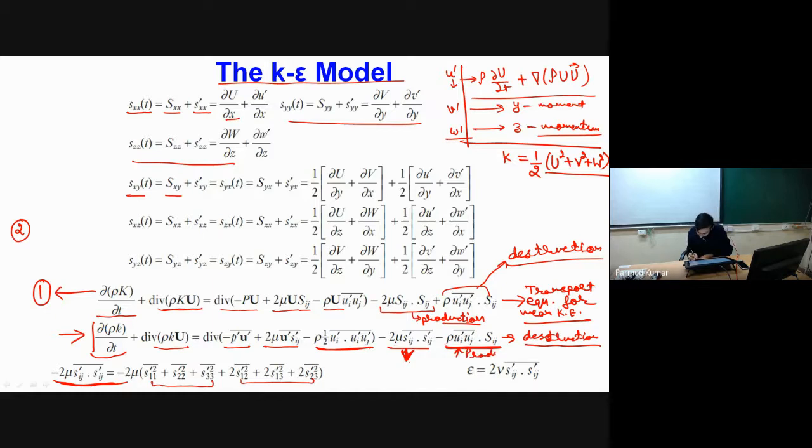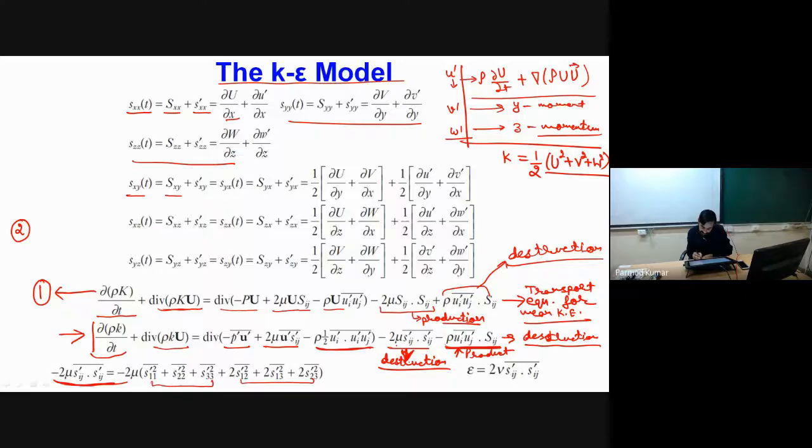So this term is the production term, and this is on per unit volume basis. If I have to find this destruction term on per unit mass basis, I have to divide with density.